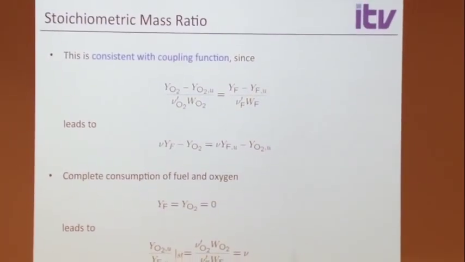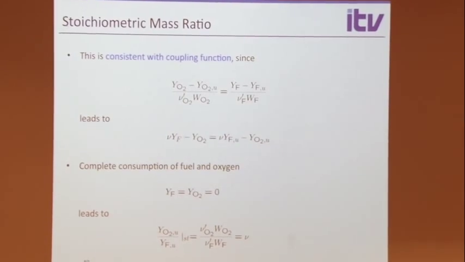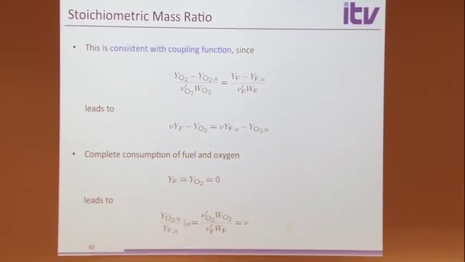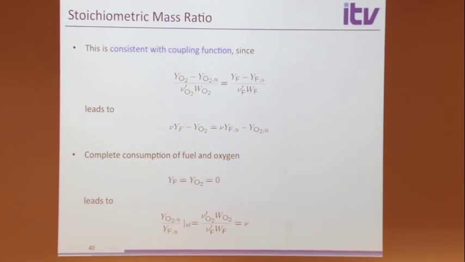Okay, so this could have been observed also from the coupling function. Take this coupling function here and multiply with nu O2 times W O2. Then you get this new factor in here, the stoichiometric mass ratio. And now for stoichiometric combustion, you want fuel and oxygen both to completely disappear.